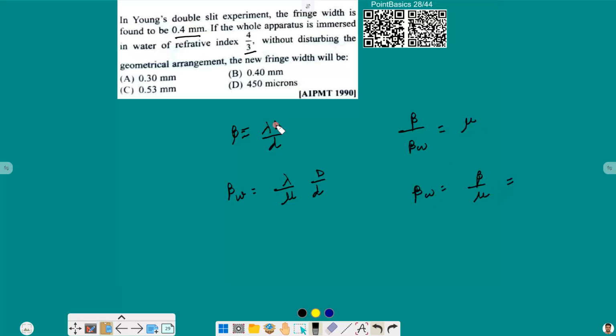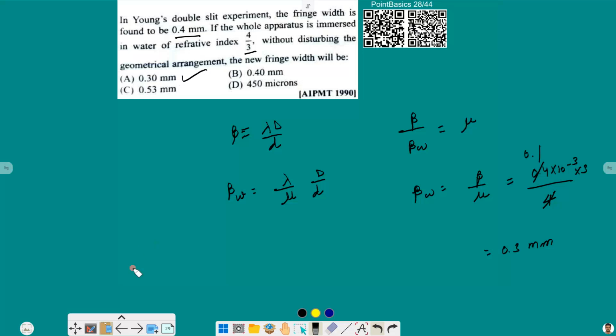Beta is already mentioned, that is 0.4 into 10 to the power minus 3, divided by 4 by 3. So this will be 0.3 millimeter, and it is option A for us.